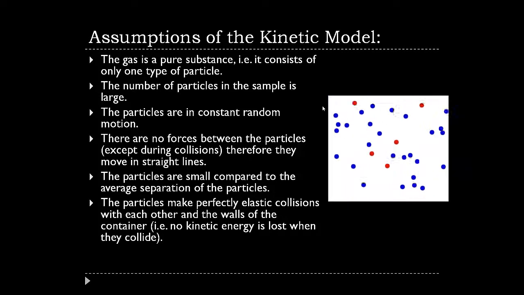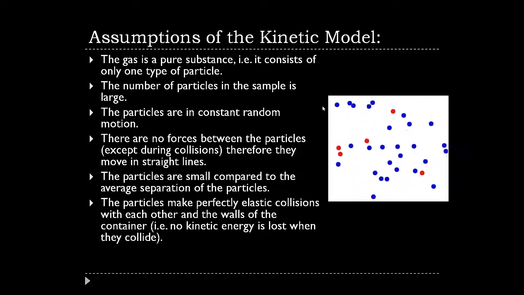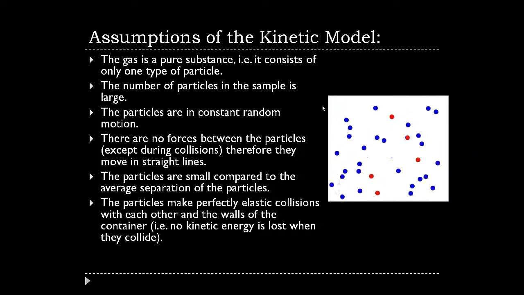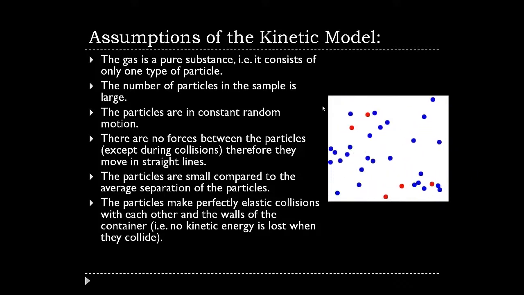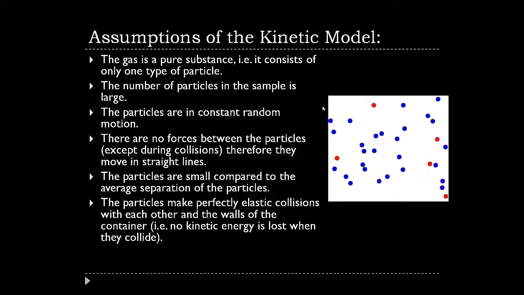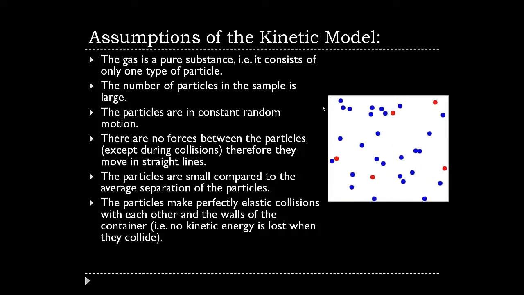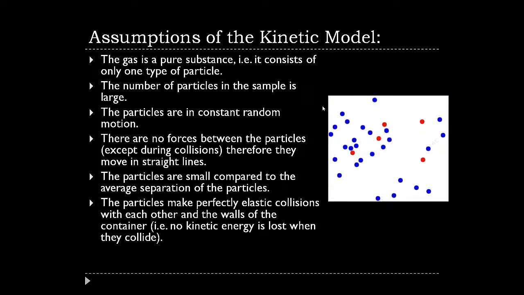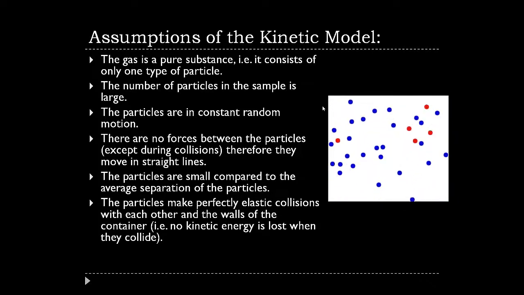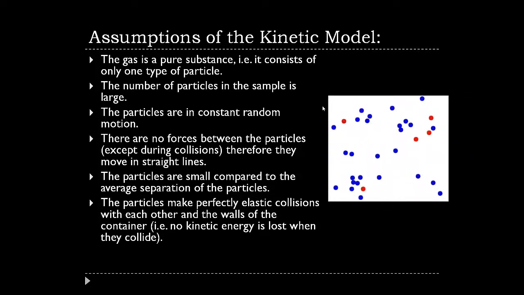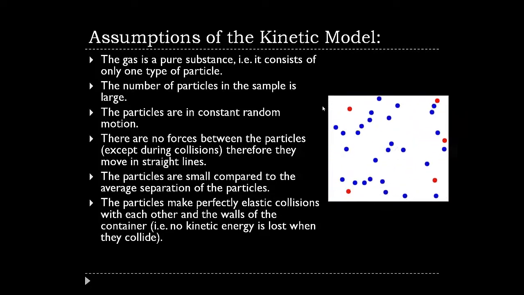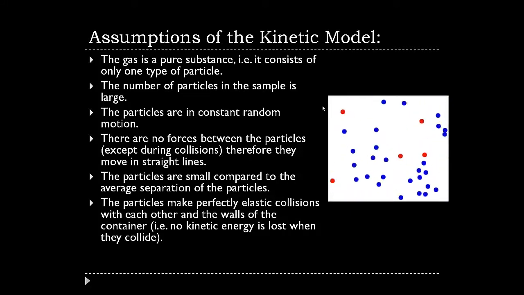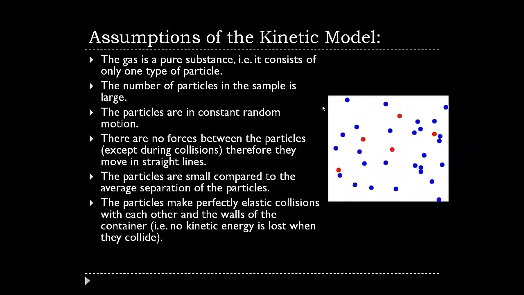So we need to make this assumption because basically what we've done before when we've said that collisions are inelastic is that the energy is lost as heat. But in this case what we're trying to explain is heat, so we can't really say that in the collisions the particles lose energy to heat. And so we assume that all of the collisions are perfectly elastic.